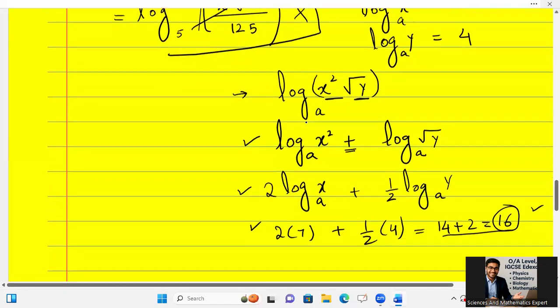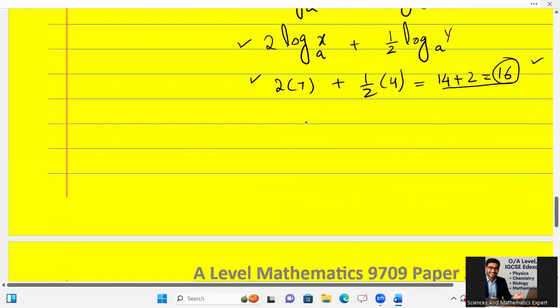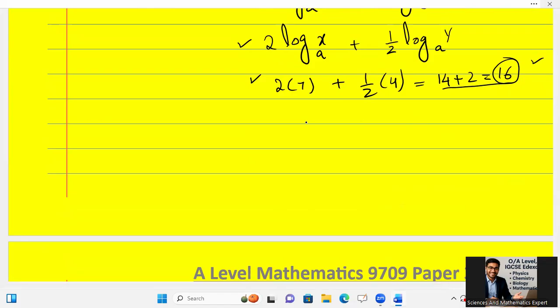Now, an exact question of 3 to 4 marks, or sometimes 5 marks, on the solution of a logarithmic equation in your exam. That is mostly the first or second question.